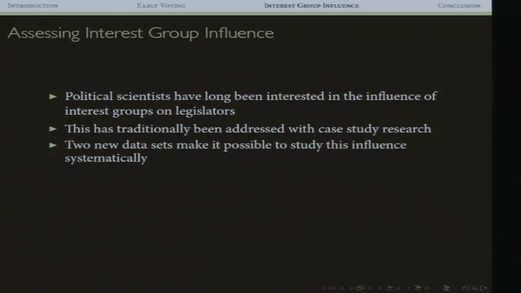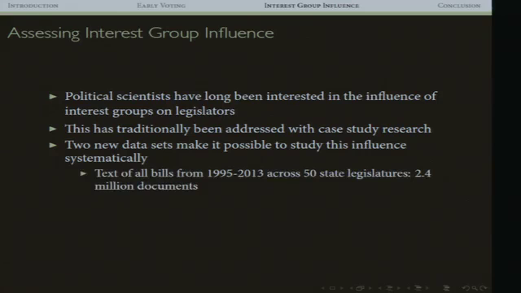And the data that we're going to use is the text of all state legislation for the last 2 decades or so, from 1995 to 2013, across all 50 American states. It comprises around 2.4 million bills. So this has never been collected before. And then text of interest group model legislation.